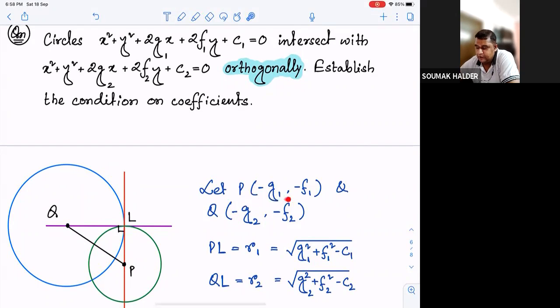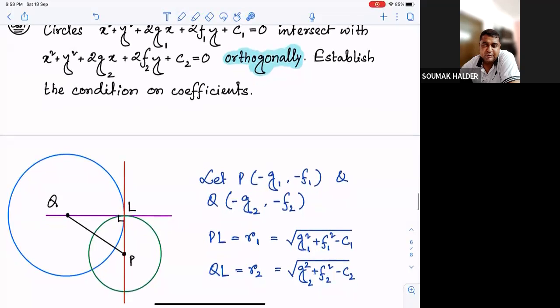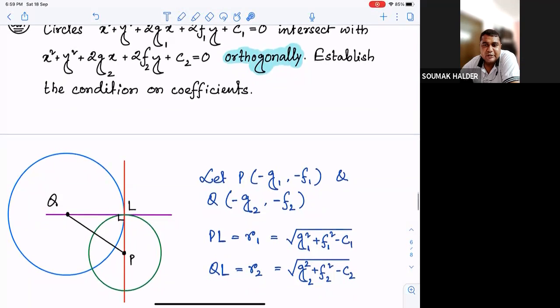Now we know the coordinates of the centers. As per the equations given, the center of the first circle is minus g1 comma minus f1, and for the second circle it is minus g2 comma minus f2. Also from the equation we can identify the radius of the first circle, PL, as root over g1 square plus f1 square minus c1, whereas the radius of the second circle, QL, is root over g2 square plus f2 square minus c2.